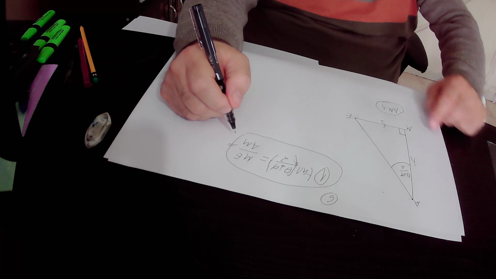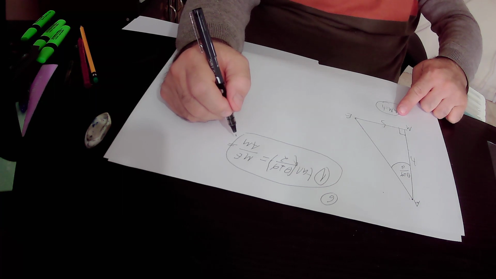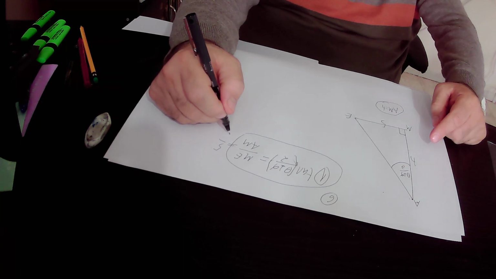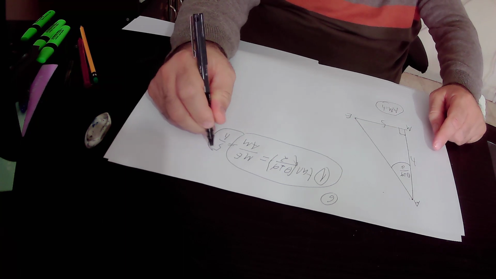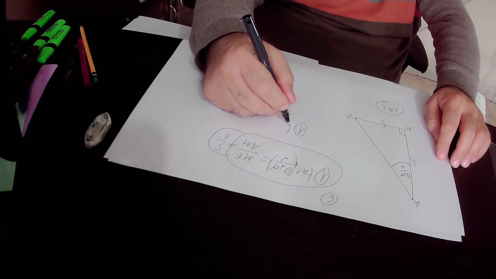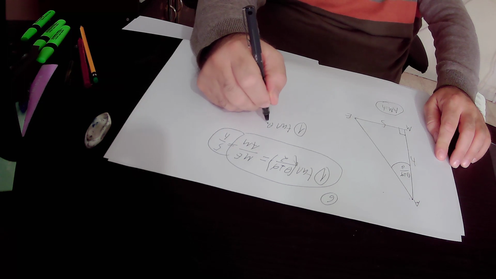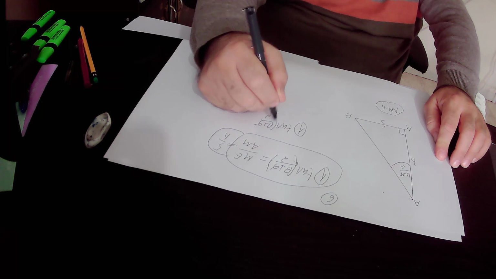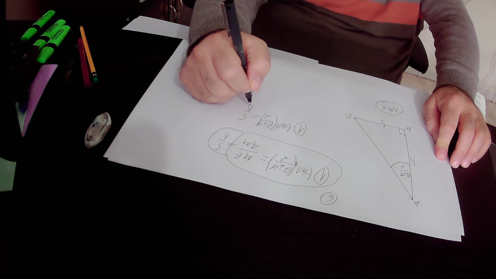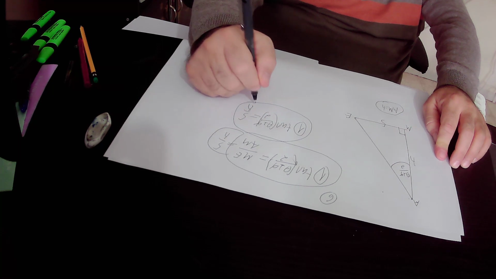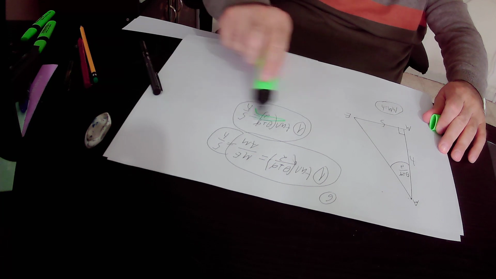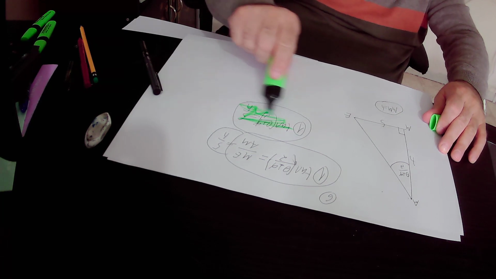But we've already found out that ME equals 5 units and AM is equal to h according to our definition. So in conclusion, according to equation number 1, tangent of theta plus alpha over 2 equals 5 over h.